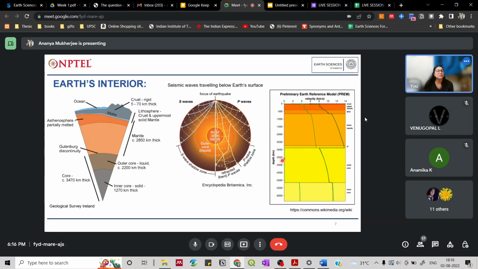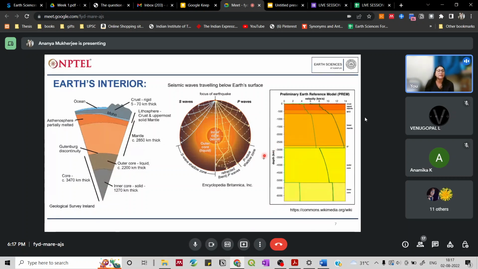When these recordings were made, there was a portion on the earth's surface where S waves could not be recorded from a certain earthquake being studied. When the S waves are not recorded, we have interpreted that there is a liquid present there.